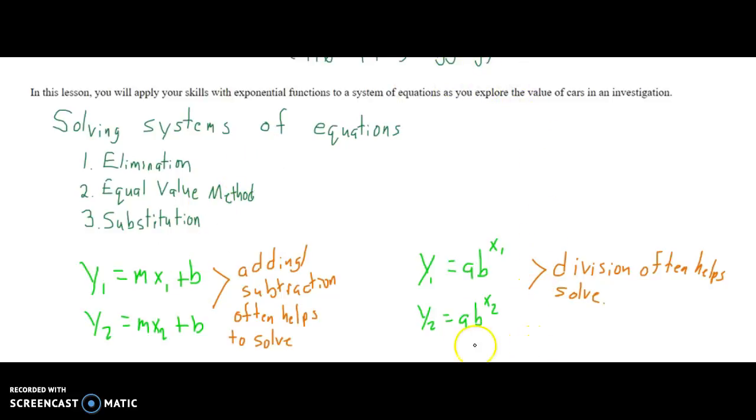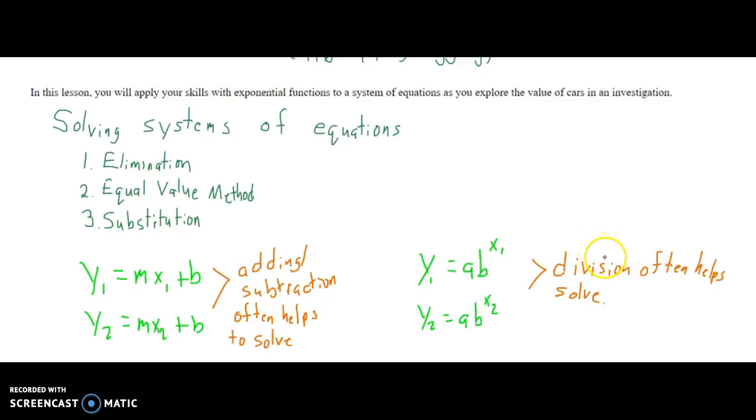Now what we're looking at is if we have a system of equations in exponential form, how can we solve for these? Once again, it can be very much the same kind of way of solving those systems of equations. The one main difference I would say is that with linear models, we're often using adding or subtraction to help us solve those. They're one of the first steps.